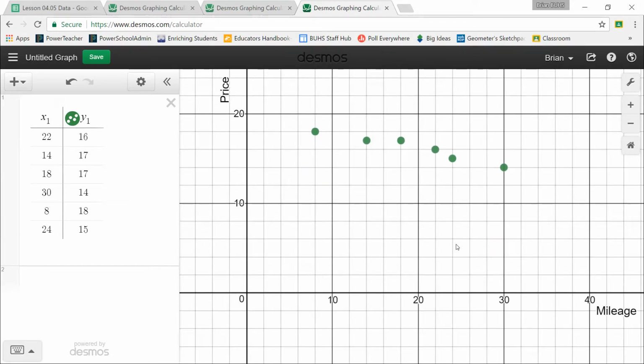Okay, so it appears as though the fewer miles a car has, the cost is higher. Or if we set it a way that makes more sense, the more miles on a car, you can see that the cost seems to be going down. It seems to be lower.